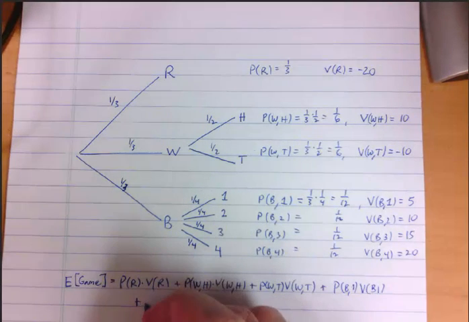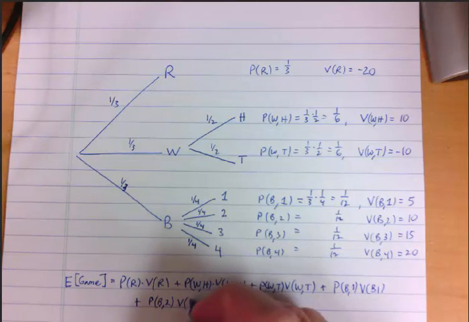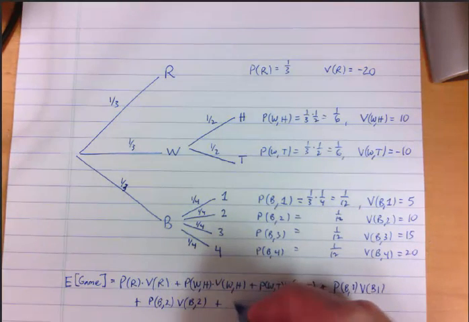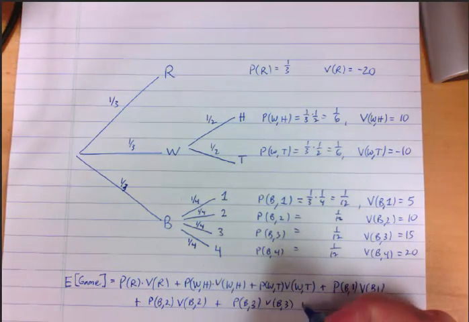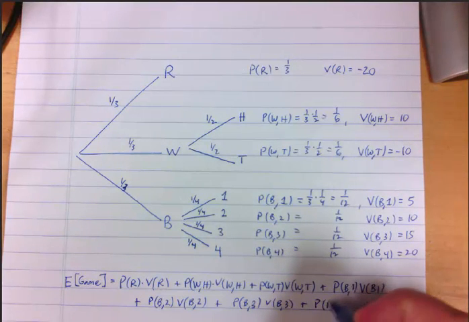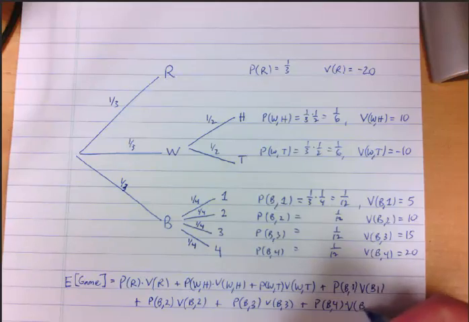We continue on, plus the probability of a blue 2 times the value of a blue 2, plus the probability of blue 3 times the value of blue 3, plus the probability of a blue 4 times the value of a blue 4.